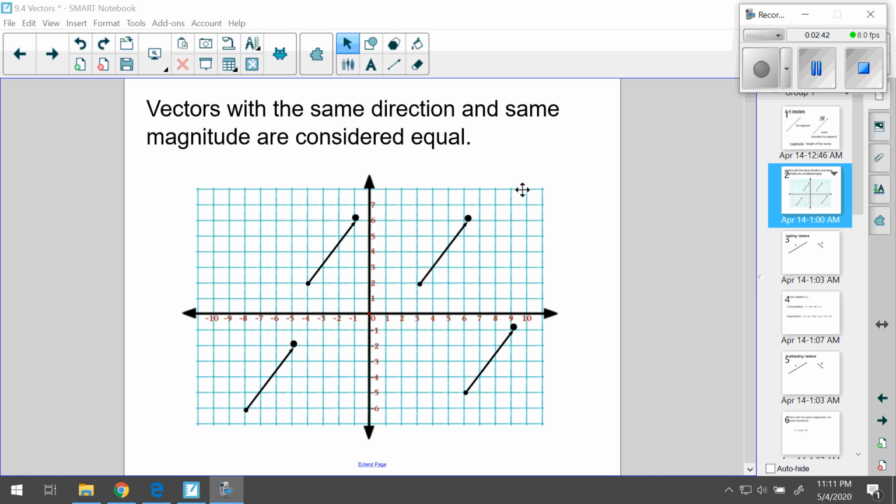If the direction is pointing the same and the length is the same, then we consider all of these vectors to be the same. Each one of these vectors would be considered equal, and I could copy and paste and make an infinite number of vectors. As long as they're pointing the same direction and have the same length, they are considered equal.